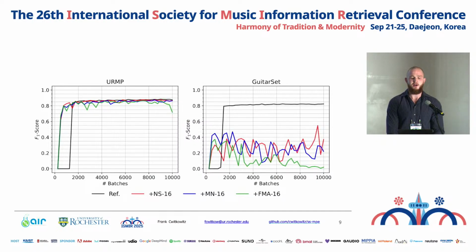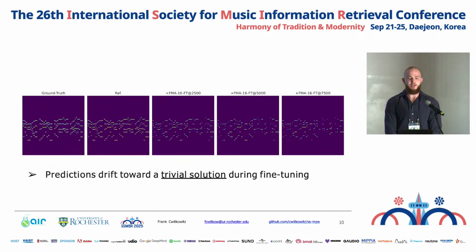Meanwhile, our supervised dataset URMP stays consistent with the results. We can also see when we fine-tune our URMP-only model, the best one, that over training, the activations slowly fade away, drifting towards a trivial solution.